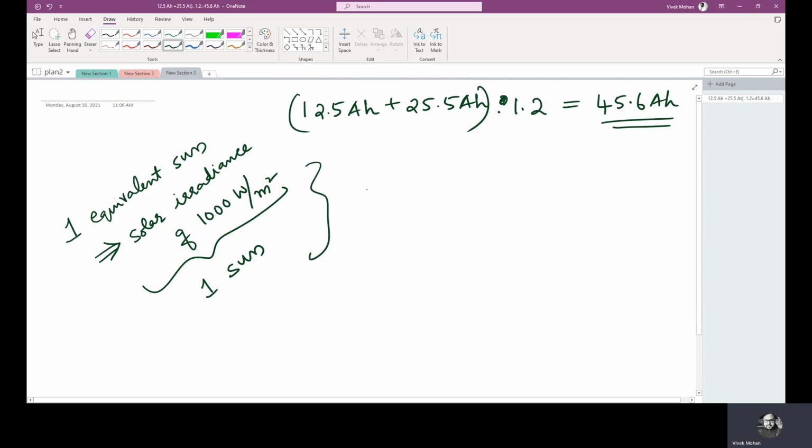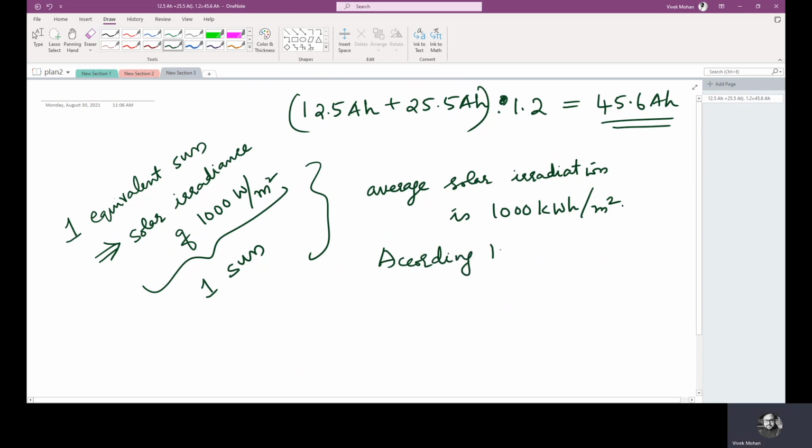Say in Netherlands, the average solar irradiation is 1000 kilowatt hours per meter squared. According to the AM 1.5 spectrum standard, it's an American standard based on the weather conditions.